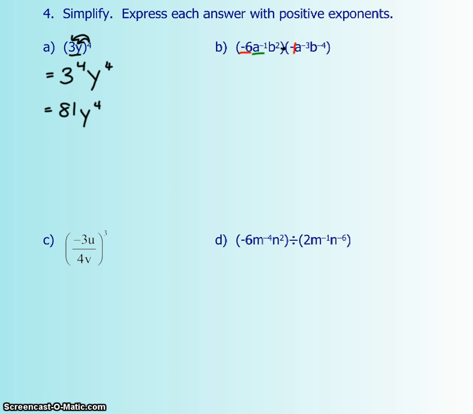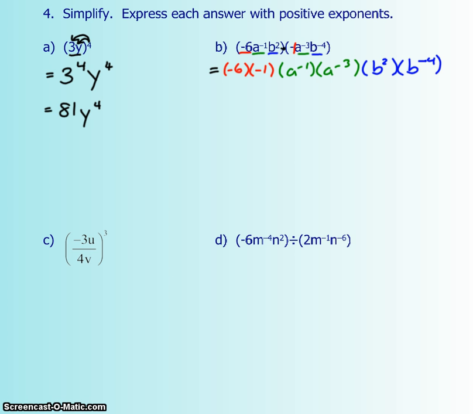Then we have our A's, which are going to multiply, and our B's. Okay, so why don't we write that out in full? We have our -6, which is multiplying with our -1. A to the -1 times A to the -3. And then B squared times B to the -4.